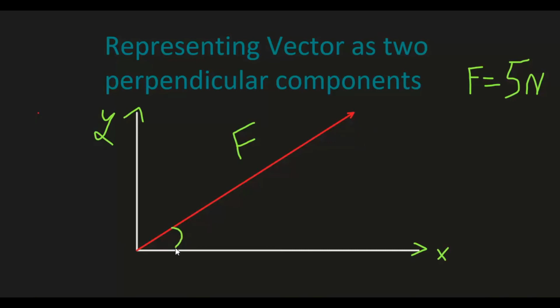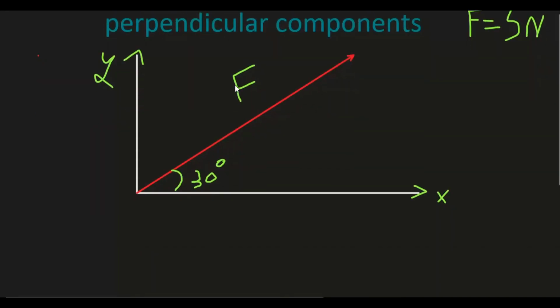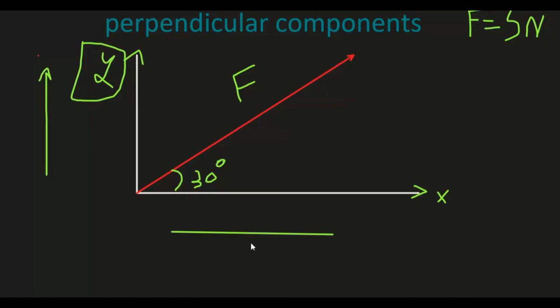And suppose this is 30 degree. So basically we can say that this force F has two components. It has a vertical component, and it has a horizontal component.